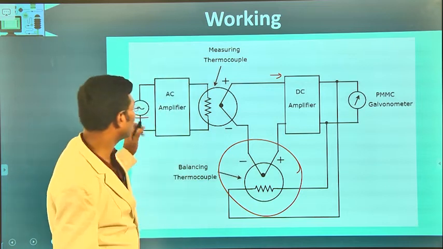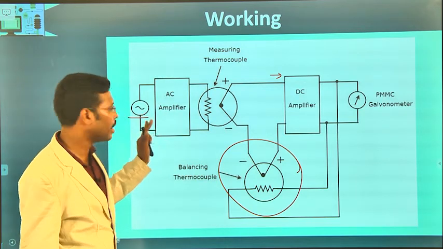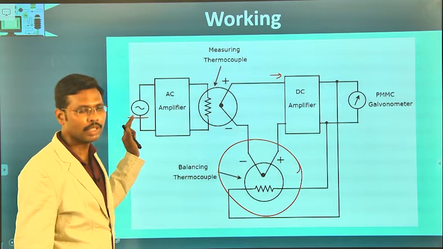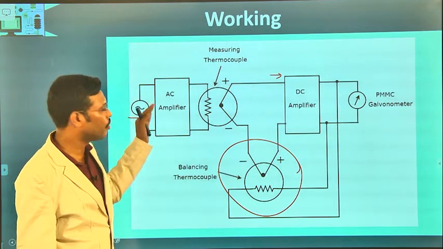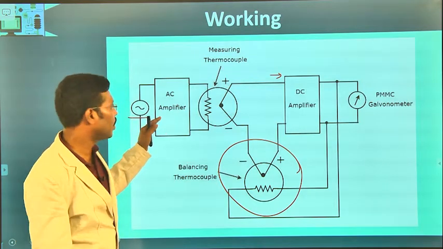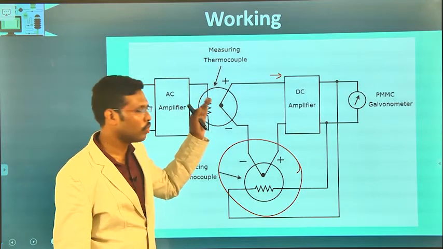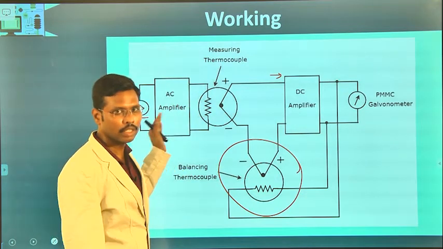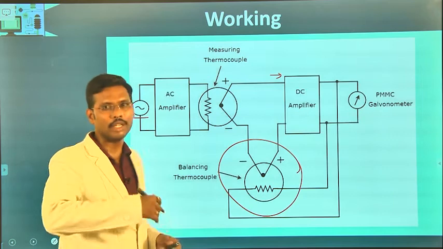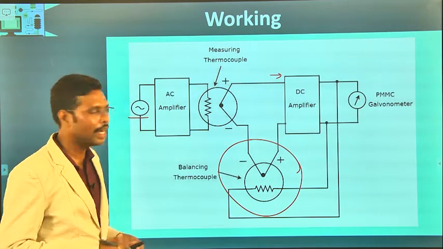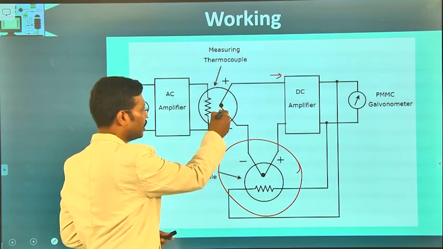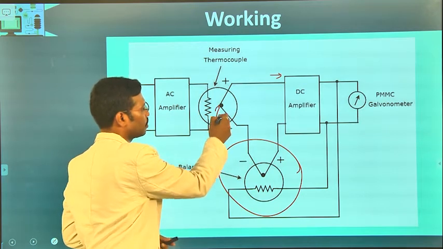When an input signal is applied to this meter, based upon this input signal, the signal will be amplified using this amplifier and given to this heating coil. So, when we connect this heating coil to this input signal, the temperature of this heating coil will vary, and accordingly the temperature at this junction will increase.